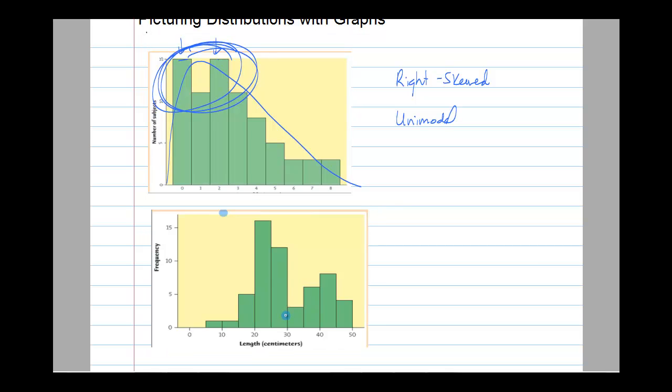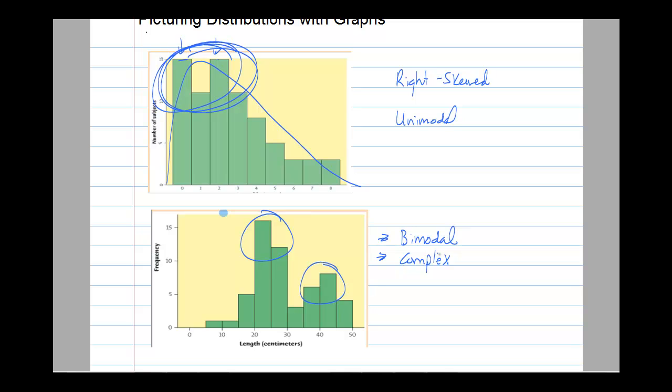It does kind of look to have 2 distinct modes, so it looks like there's a mode here and a mode here, and they're not the same height, but they're definitely 2 distinct peaks. So I would call this a bimodal graph. I wouldn't say it's symmetric, and I wouldn't say right skewed or left skewed. I would just call this complex. So this would be a complex bimodal graph. It doesn't have any particular type of skewness or symmetry.